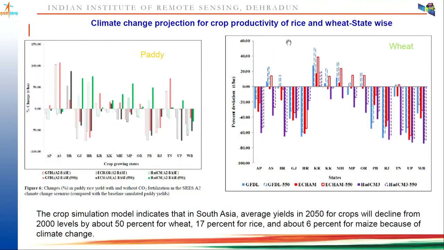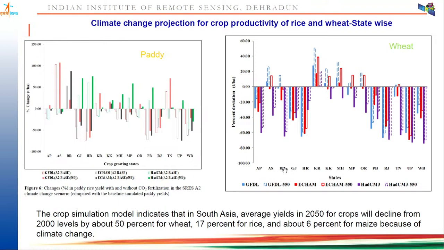So here you see rice and wheat productivity is going to decline in almost all states. These are different global circulation models with the climate change scenario. But overall you are seeing that for the wheat crop around 60% decline is there in certain states. Mainly the purple one, that means the 8CM3 model, is showing 60% decline, particularly in Bihar and Andhra Pradesh.